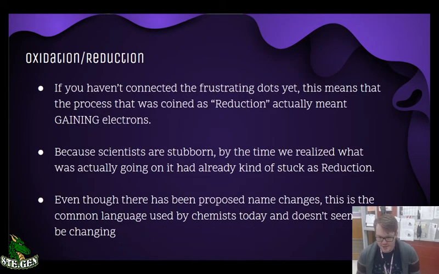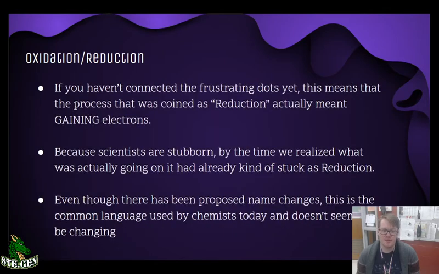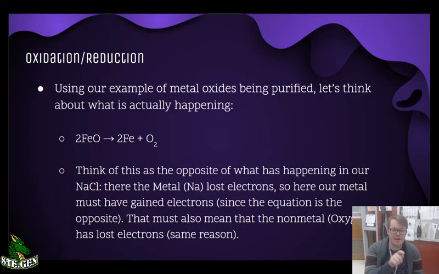If you haven't connected the frustrating dots yet, that means that the term reduction in this case actually means gaining electrons. Whenever they were reducing, they were heating the metal and causing it to be reduced. The iron was reduced in that reaction. What was actually happening was the iron here gained electrons through the process of reduction.